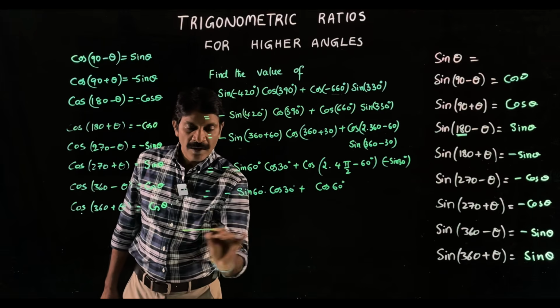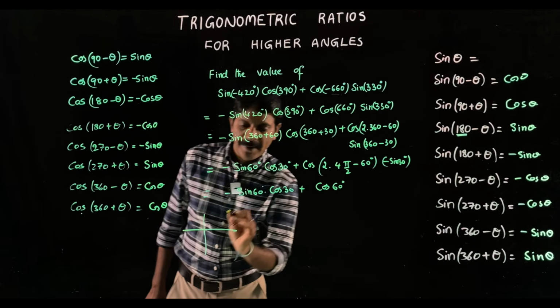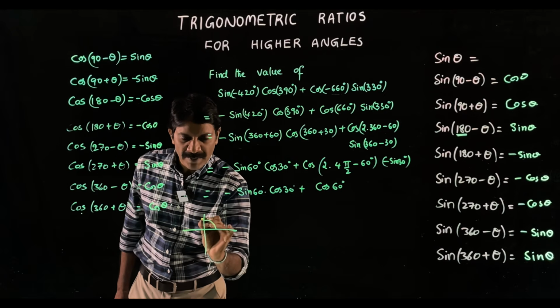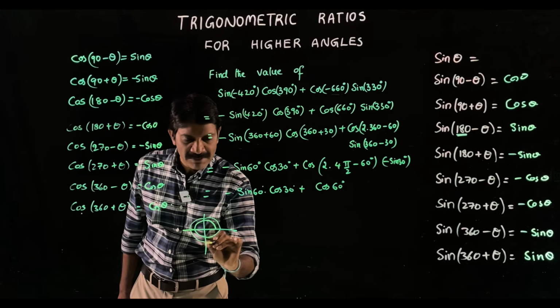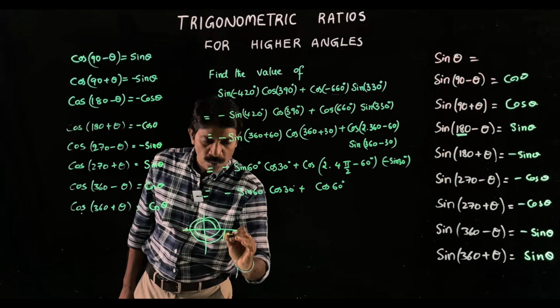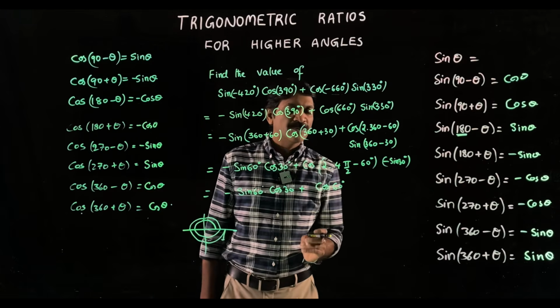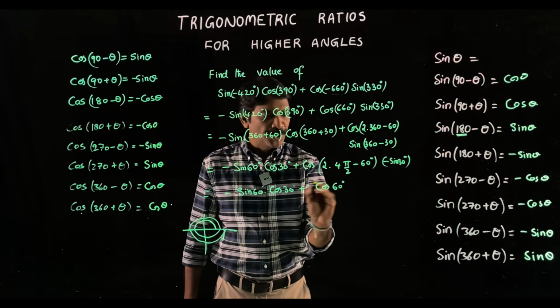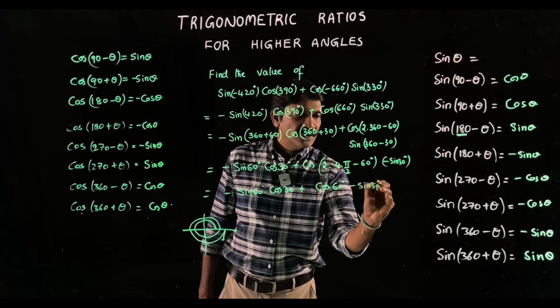Look here, 8 times pi by 2 means 1 time pi by 2, 2 times, 3 times, 4 times, 5 times, 6 times, 7 times, 8 times. 8 times pi by 2 minus means it comes to this quadrant: first, second, third, fourth. In the fourth quadrant cos is positive, so plus only, no need to put minus, into minus sine 30 degrees.